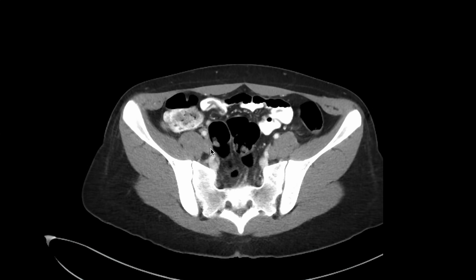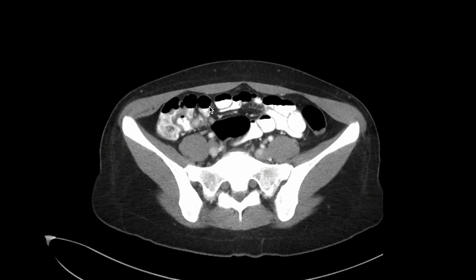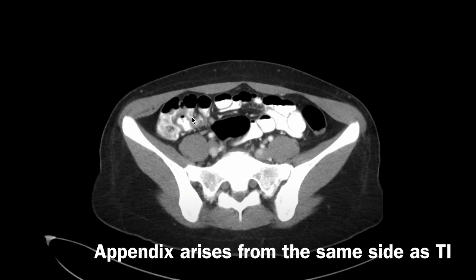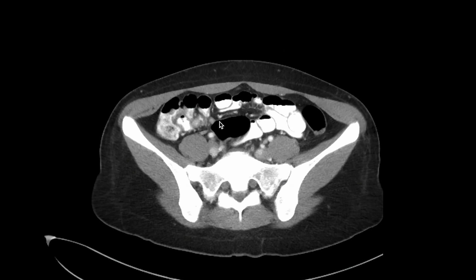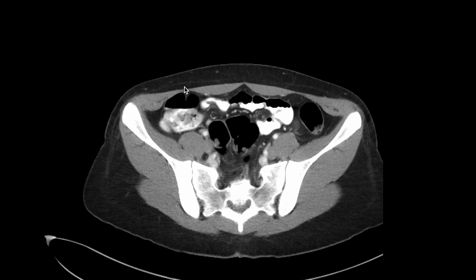The other thing that is very important to know is that when you see the terminal ileum, the appendix is not only more proximal in the cecum, but also it always arises from the same aspect or same side as the terminal ileum. So if I were to scroll down here, I'm not looking for the appendix out on this side or out over here.